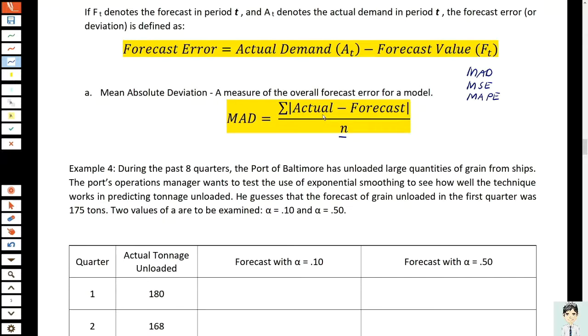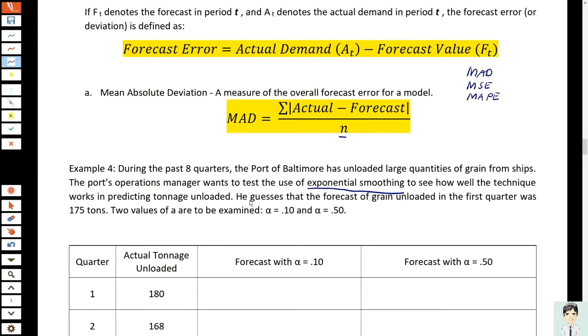During the past 8 quarters, the port of Baltimore has unloaded large quantities of grain from ships. The port's operations manager wants to test the use of exponential smoothing to see how well the technique works in predicting tonnage unloaded.